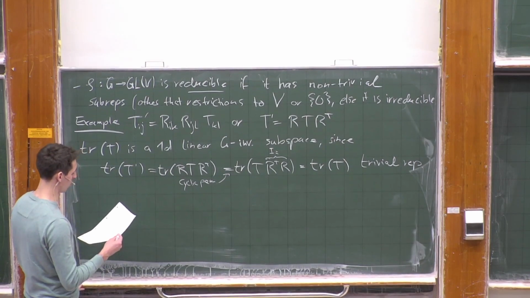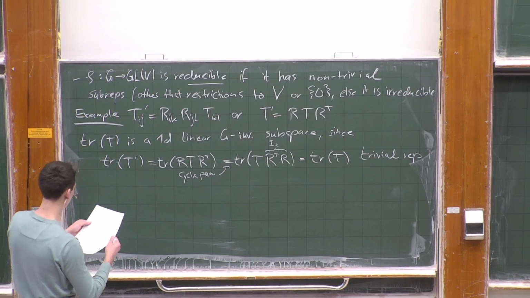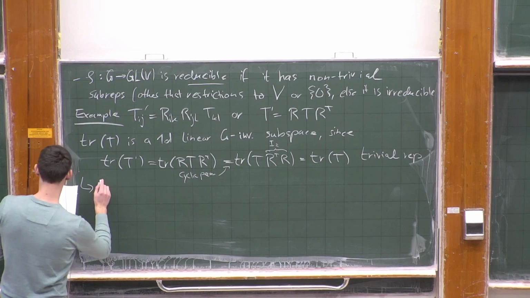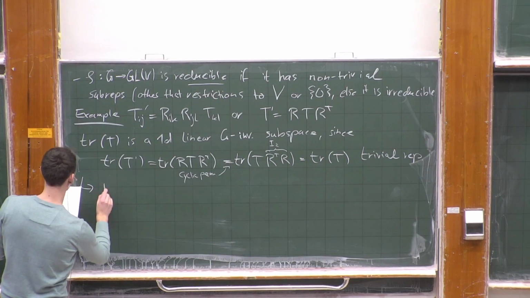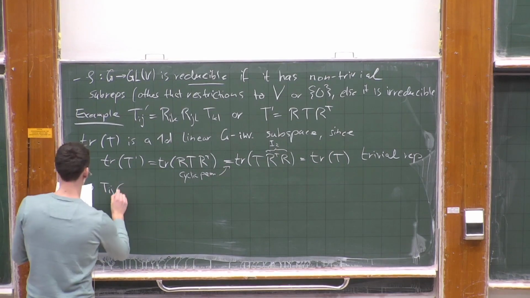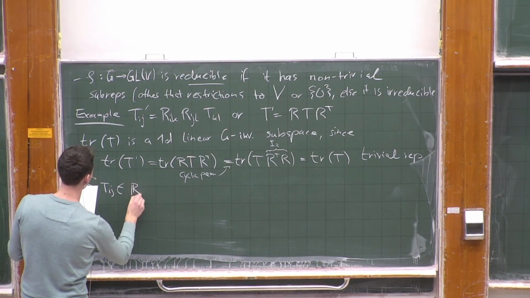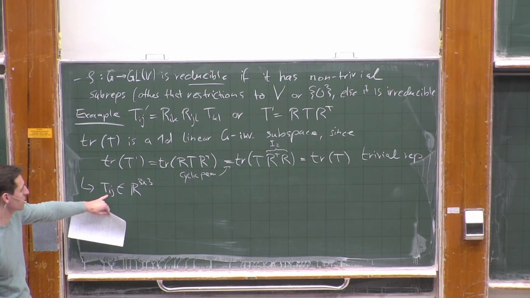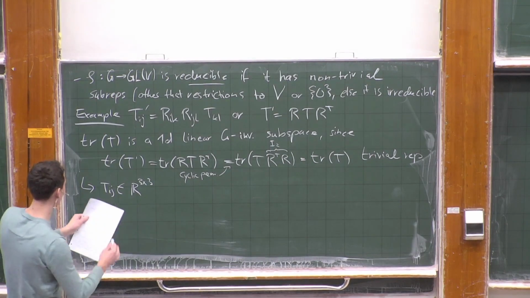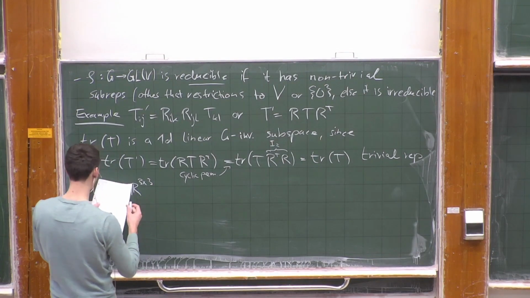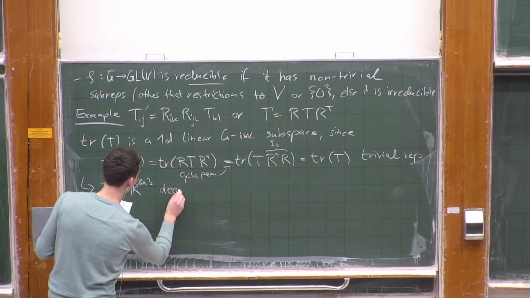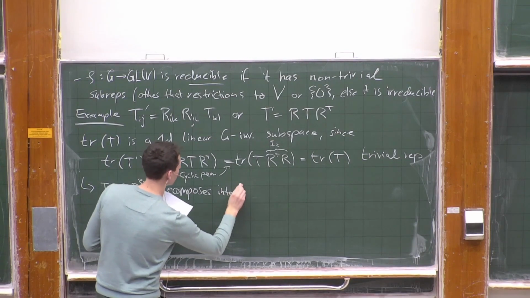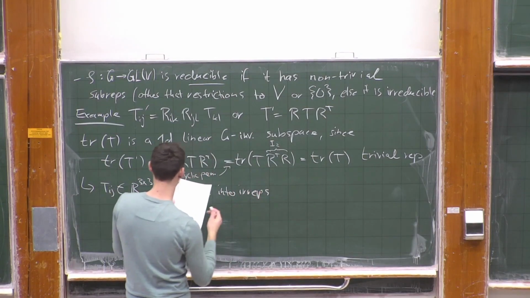So what we find is that this representation, if we look at the special case of the 3x3 representation, so if we look at the three-dimensional Euclidean space and the rotations in there, then this decomposes into irreps in the following way.